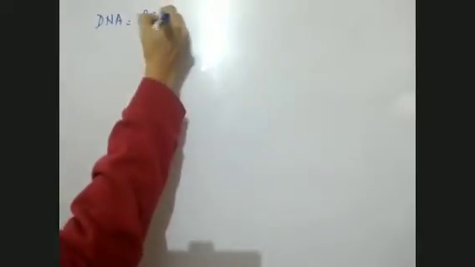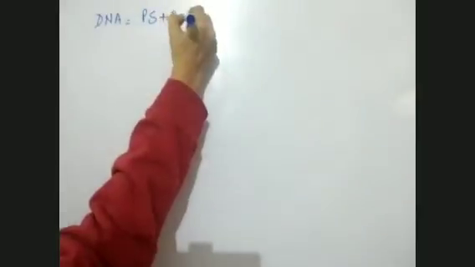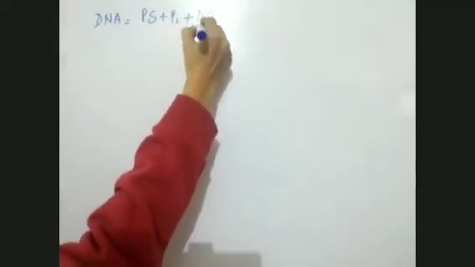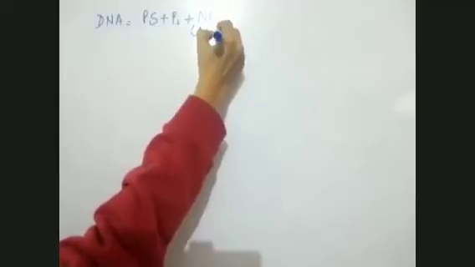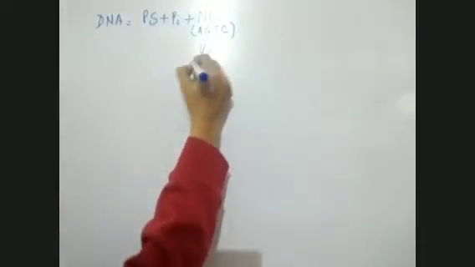DNA has a pentose sugar, it has the phosphate, inorganic phosphate, plus it has the nitrogenous bases. And out of the nitrogenous bases, U is absent. It only has adenine, guanine, thymine, and cytosine. Uracil is absent in DNA. The four nitrogenous bases which are present are these. So this is what a DNA molecule consists of.